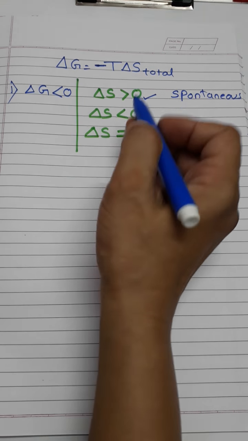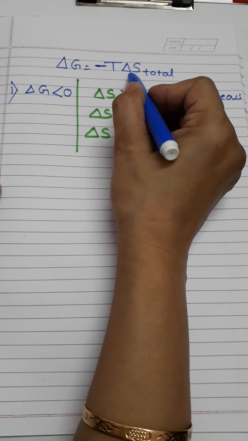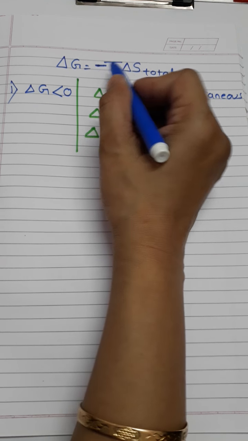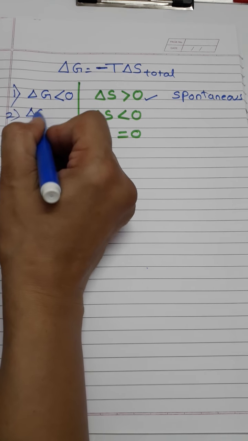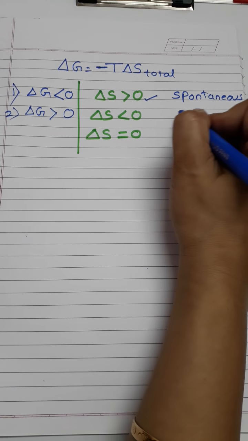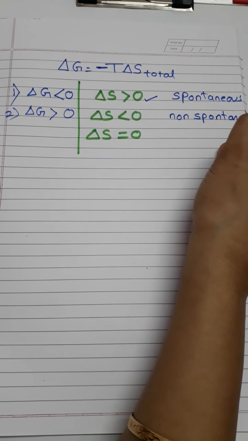Now if delta S is negative, then negative into negative is positive. So in this case delta S is negative and delta G would be greater than 0. And this we know is a non-spontaneous reaction.